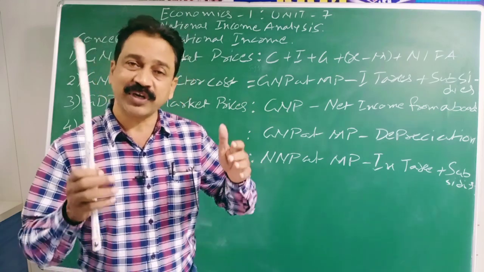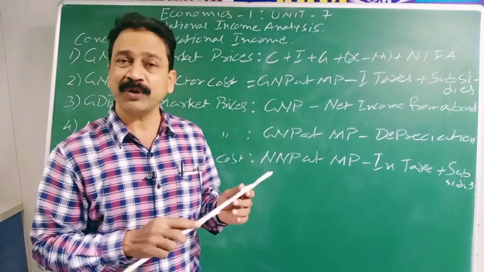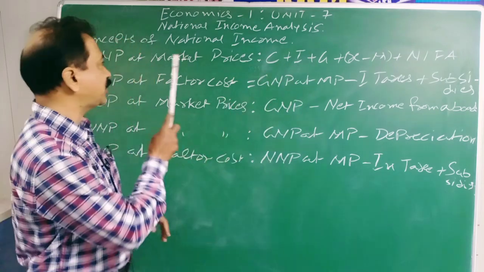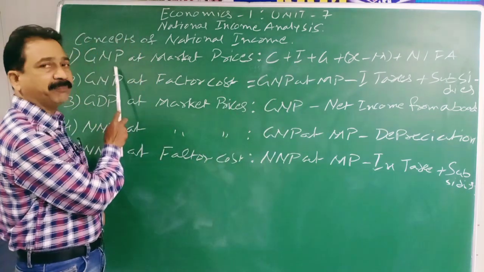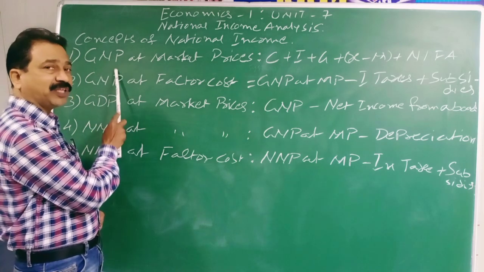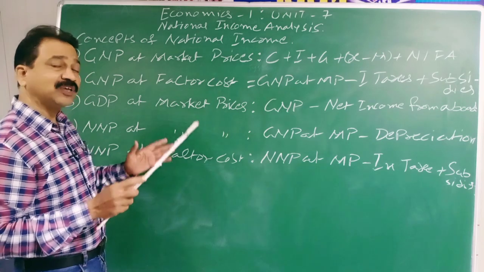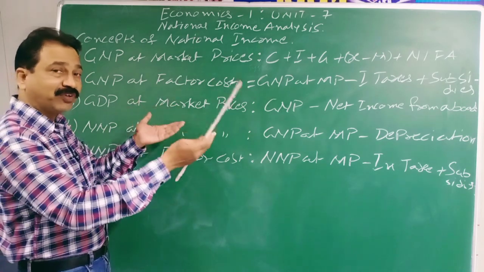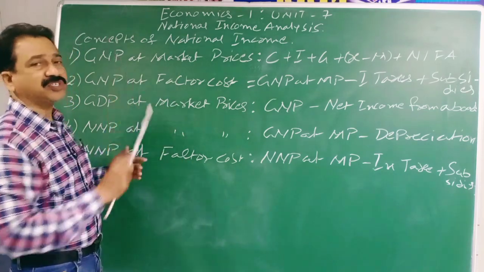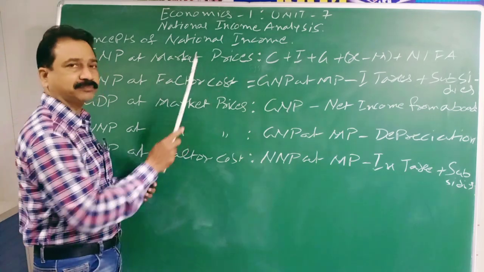Whether it is produced in our country or outside our country, wherever it is produced, the returns coming to India will be calculated under this GNP. The gross national product includes all that is produced by Indians, wherever they are producing, whatever is carried back to India, everything calculated in this gross national product at market prices.